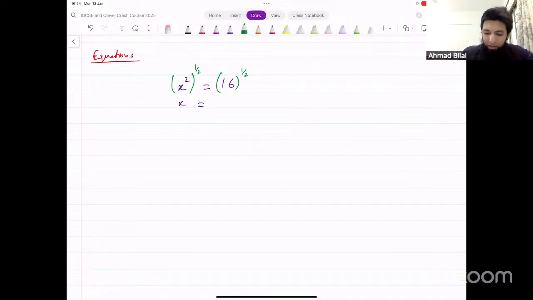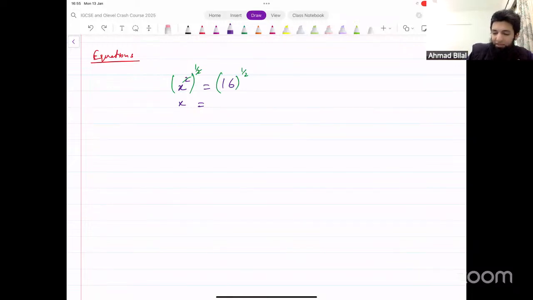When you do that, on the left side, you've got 2 and 2, and they get cancelled, right? And on the right side, we've got 16 power 1 over 2, and that results in 4. However, there's a catch here, and that is whenever you take square root, you also have to put plus minus there.